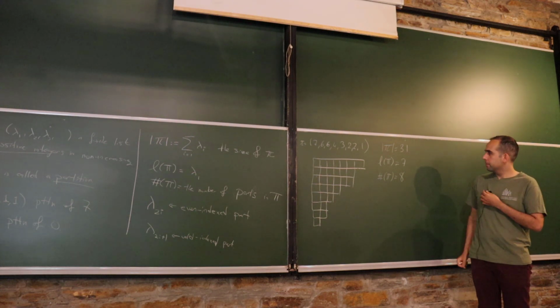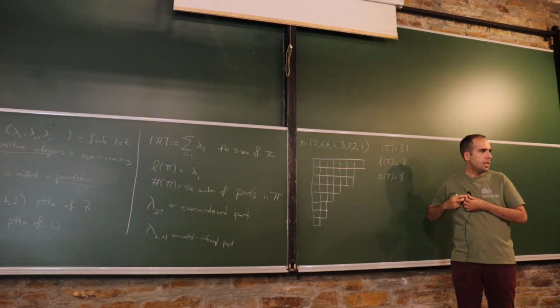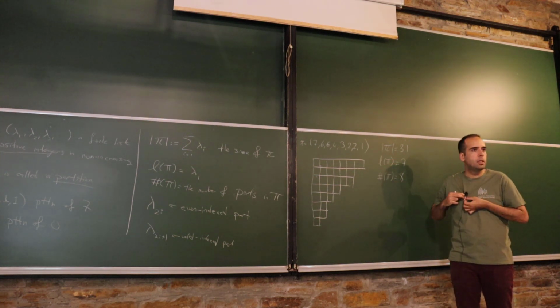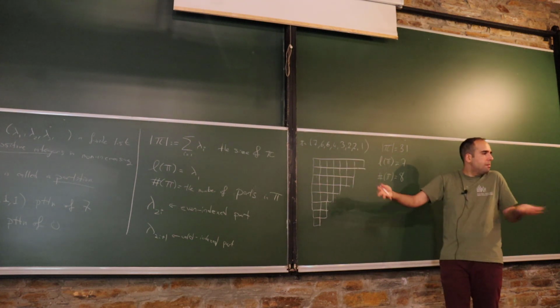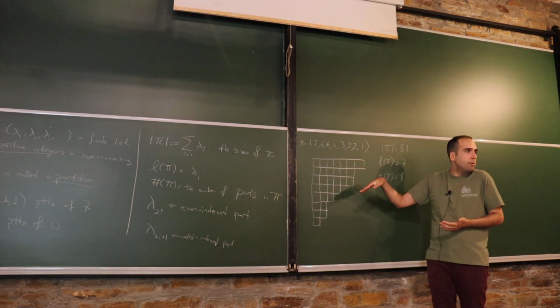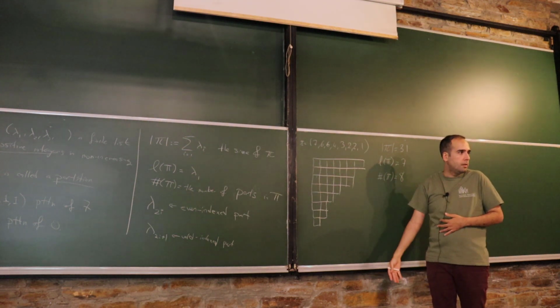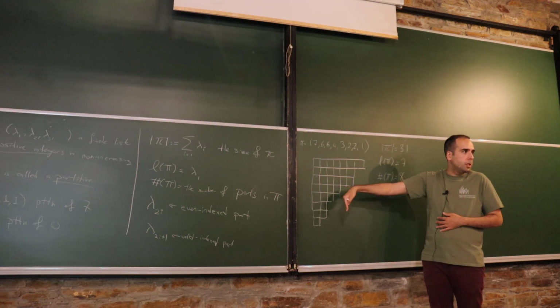Okay. Now what about this? We have this vague triangular shape that is a partition visually. What if I were to look at it column-wise? Because we made a choice: we started writing boxes in a row, but we could have put them in columns as well, right? Would that also be a partition?